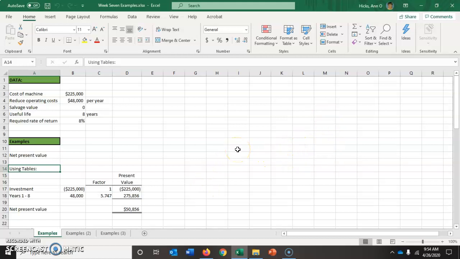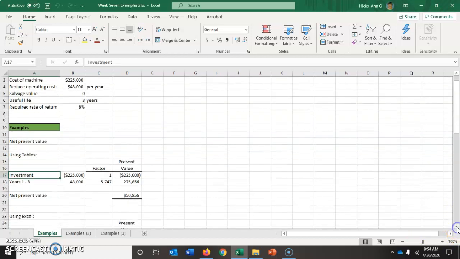In this scenario, we basically have 2 streams of cash flow. The first one is our original investment of $225,000. And let me back up here just briefly. I'm going to walk through this calculation using the tables in the book, and then I'll walk through it using Excel.